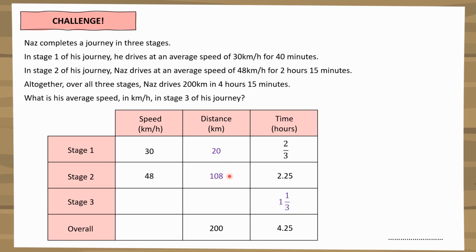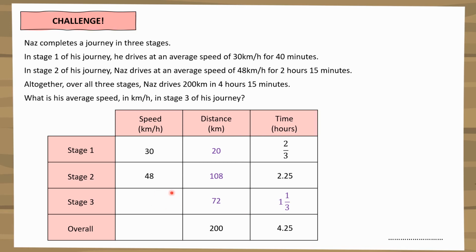Now, if the overall journey was 200 kilometres, stage 1 was 20 kilometres and stage 2 was 108 kilometres, that means that stage 3 must be 200 subtract 128. So stage 3 was 72 kilometres.